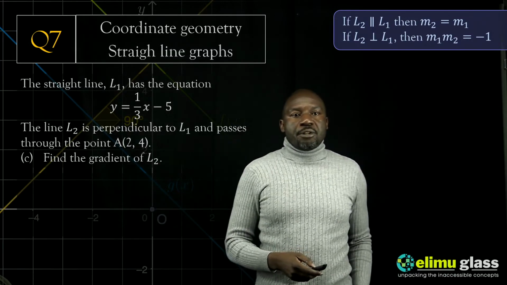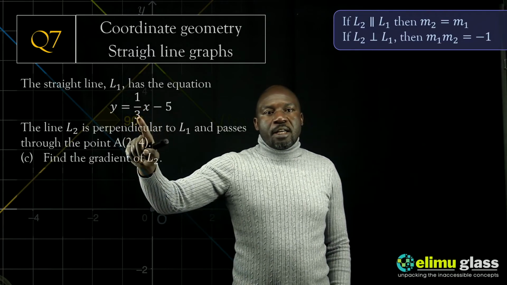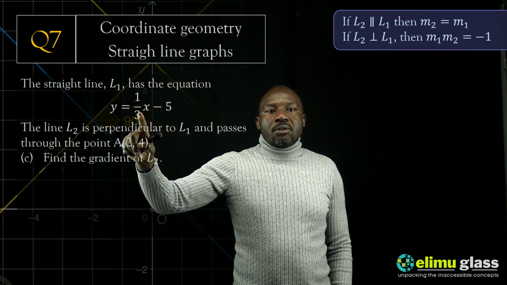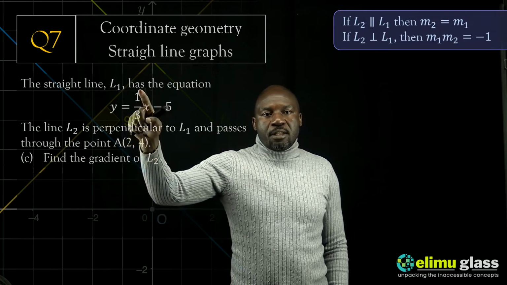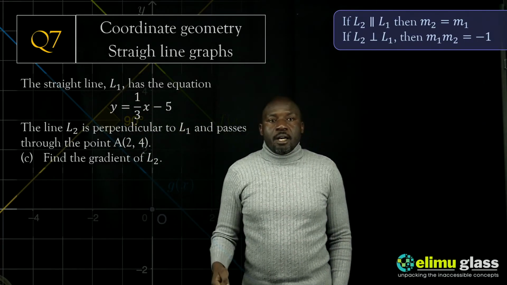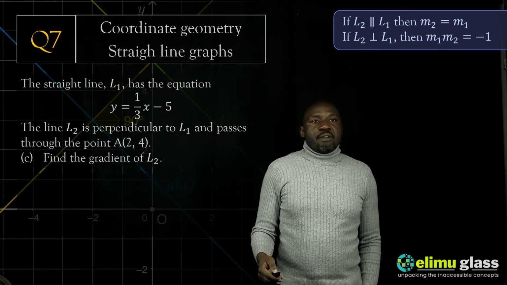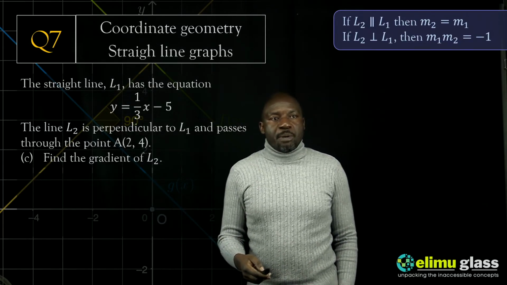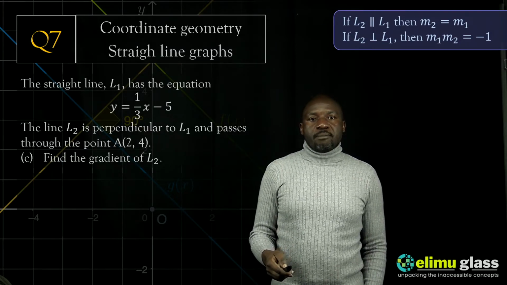Find the gradient of L2. Because L1 and L2 are perpendicular, the gradient of L2 has to be the negative reciprocal of this. But showing it mathematically, we'll use that formula there, to demonstrate that perpendicular lines have gradients that are negative reciprocals of one another.